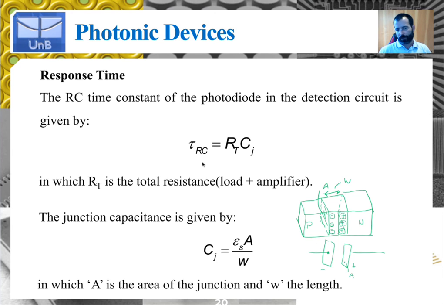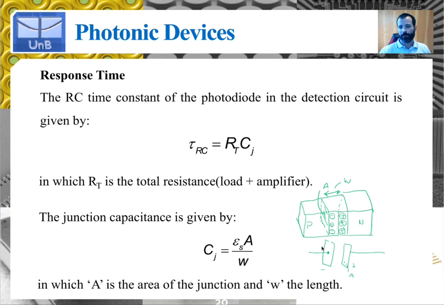And in order to have a small time constant, which is what we want if we want the device to operate fast enough at high frequencies, then we want both a small total resistance and a small junction capacitance.